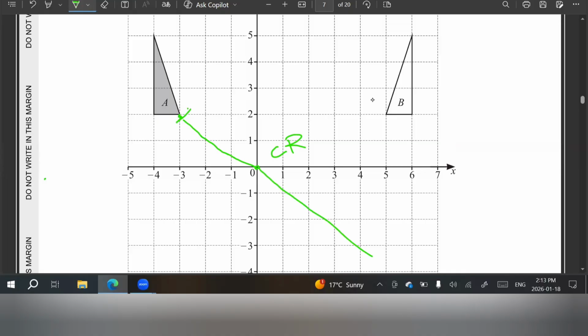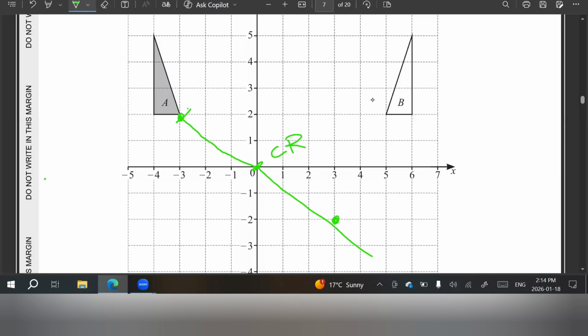Whatever is this distance, you take the same distance on the other side. So here you will have the image. The image of this point will be here. Whatever is the distance on this side, same distance you will take on this side.